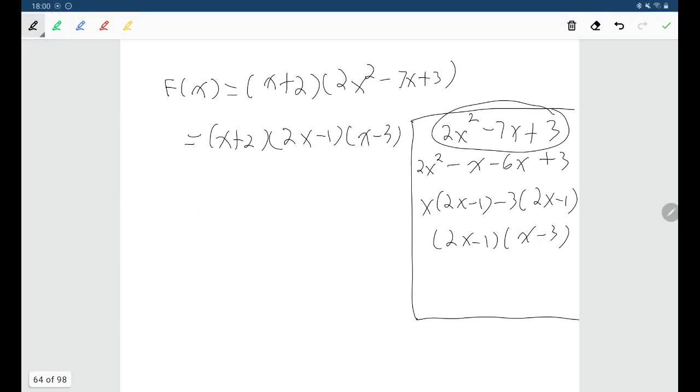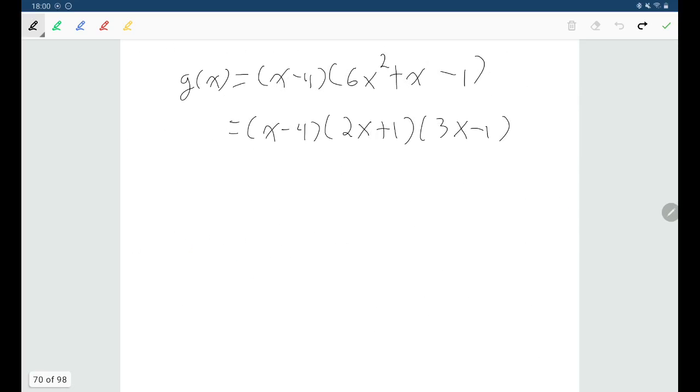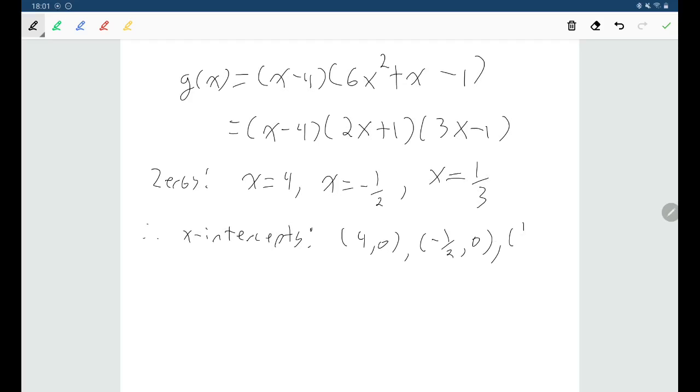And so now for x-intercepts, we can say the zeros are x equals 4, x equals negative 1/2, and x equals positive 1/3. If we were to let each of these be equal to 0, that's what we would find. So that means that for our x-intercepts, we have intercepts at (4, 0), (negative 1/2, 0), and (1/3, 0).